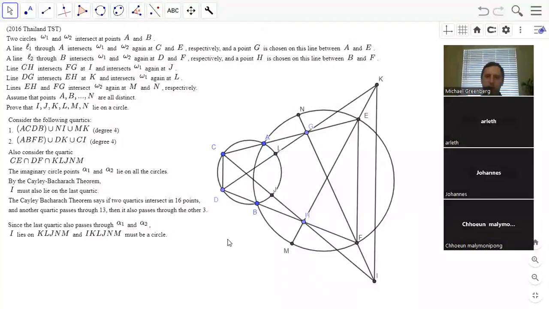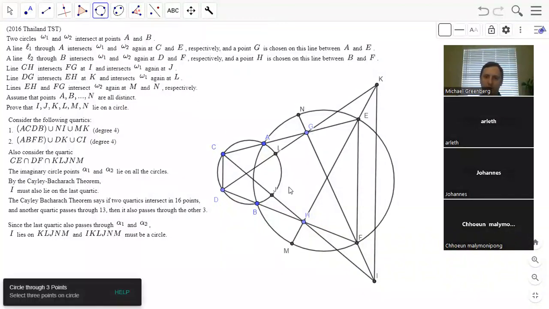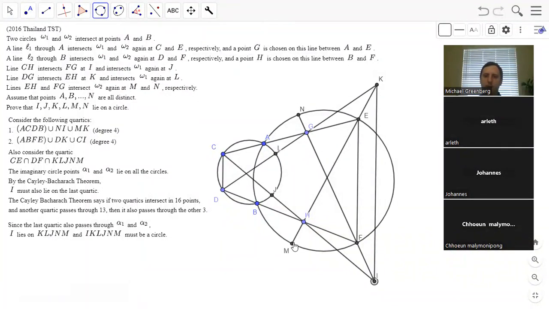For point N, you could try to show angle NIJ. If we show N lies on it, then by the same argument, M would lie on it, right?